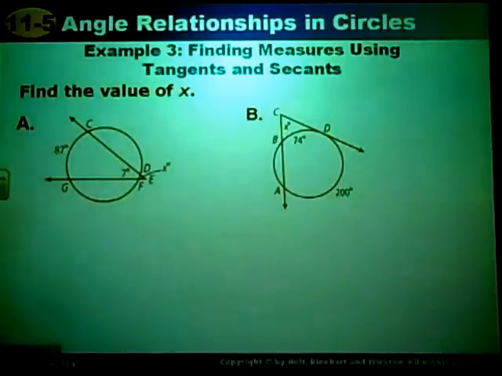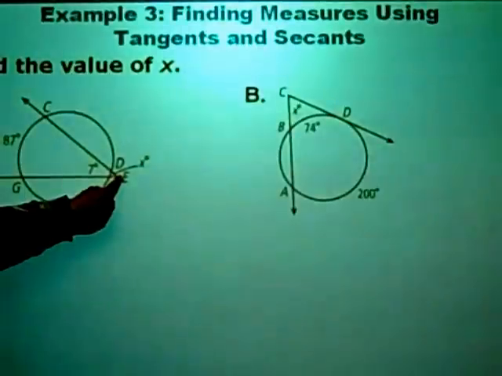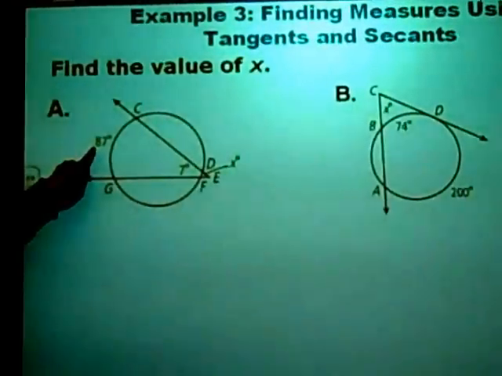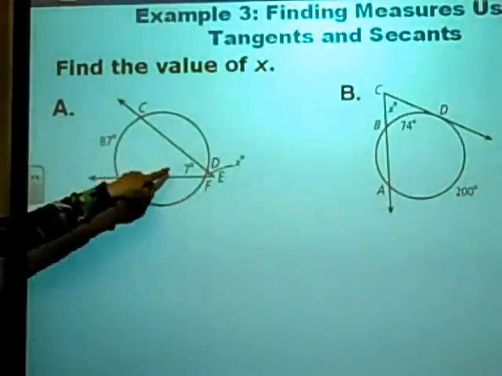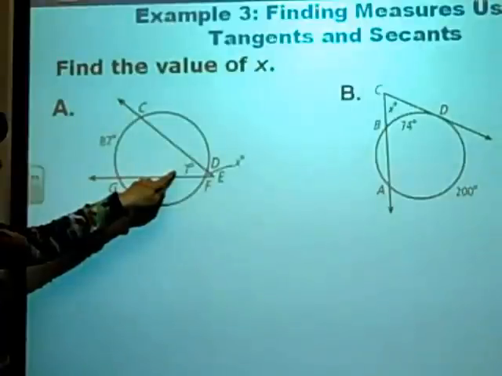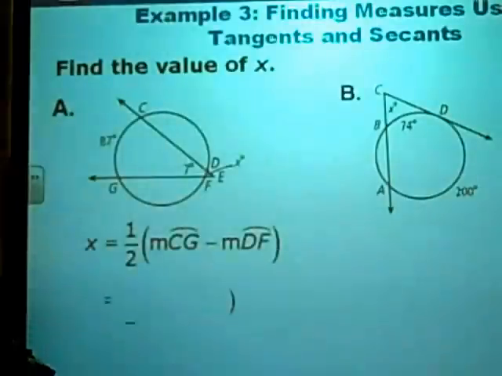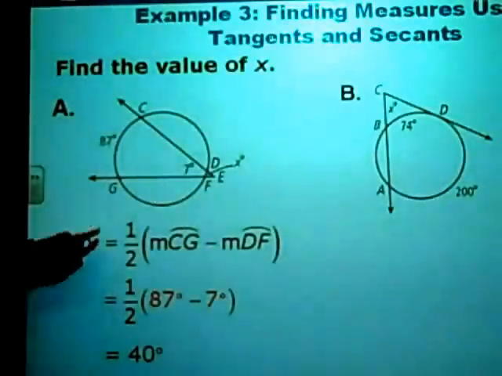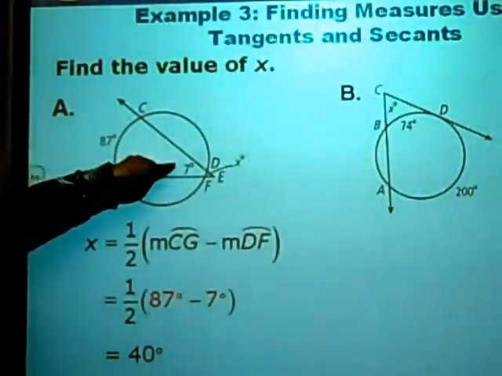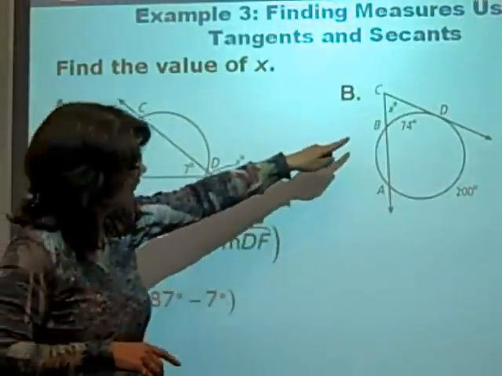Here's some examples. Find the value of x. Vertex is outside the circle, so I think subtract. Here's my big arc, 87. Here's my little arc, 7. 87 minus 7 is 80. But I know I have to divide by 2, so I'd end up with 40 degrees here. So big arc minus little arc, divide by 2. Here, same thing.